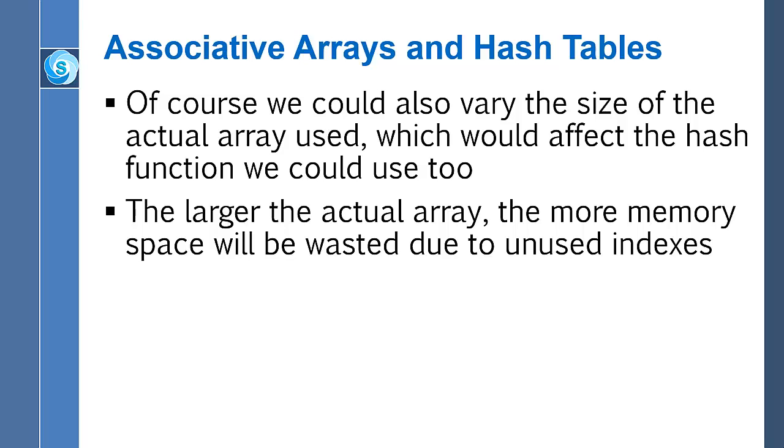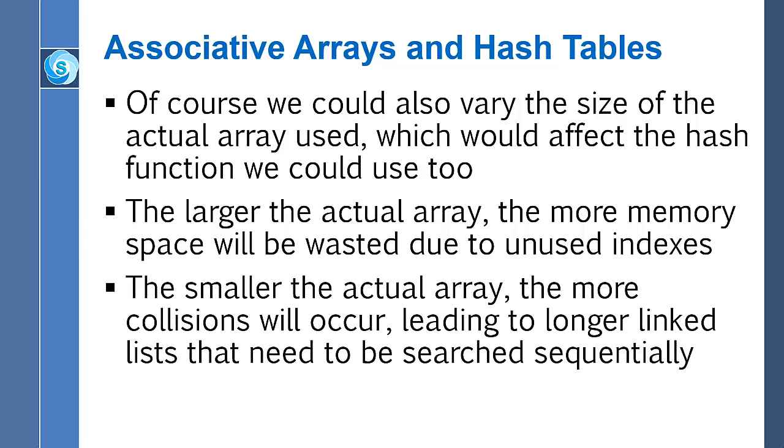If you make the array larger, then you'll wind up having more wasted space. Some indices won't correspond to students at all. The extreme case of that was what we started with, where we had an array of size 1 billion, and so most of the array was just wasted. You make the array too big and you're going to waste space like that.